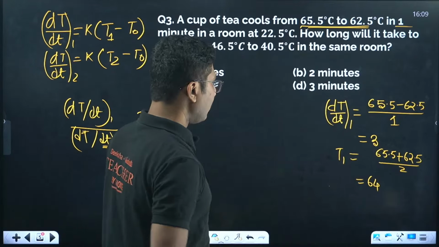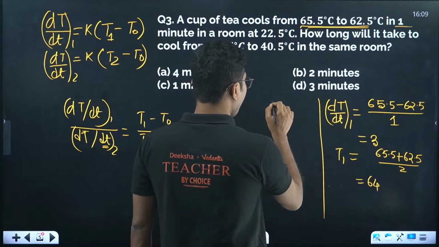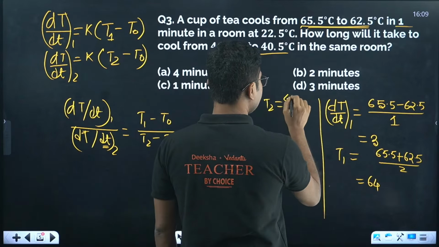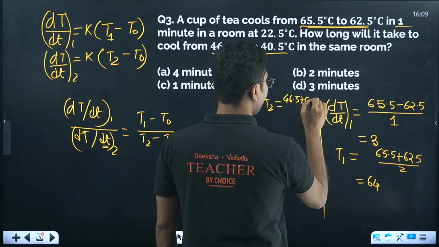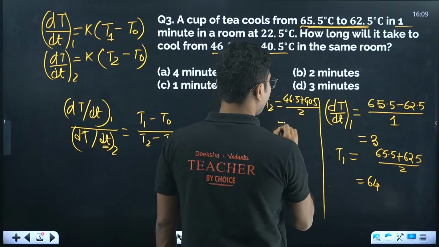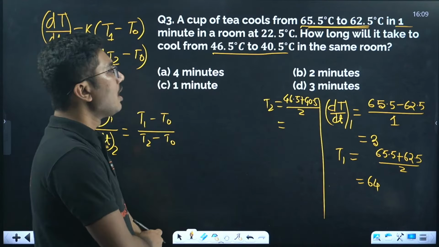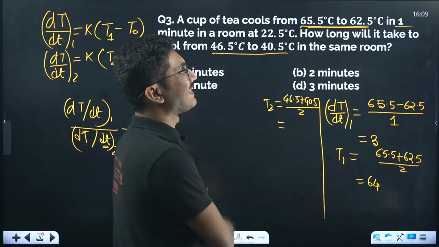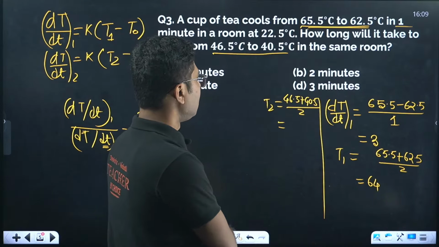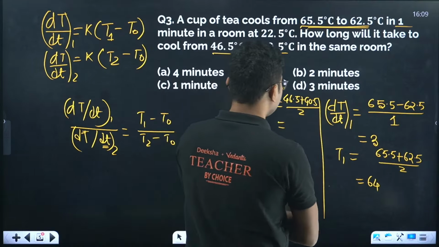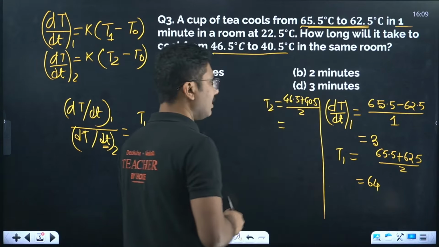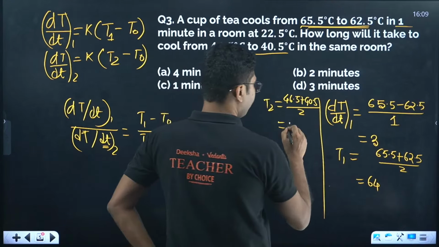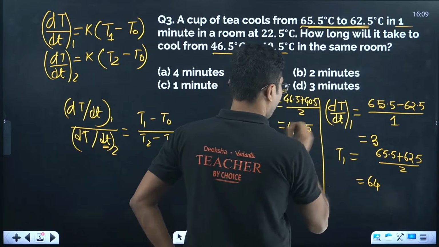Now what about T2? T2 is the mean temperature of these two, 46.5 plus 40.5 divided by 2. That is 87 by 2, which is 43.5.